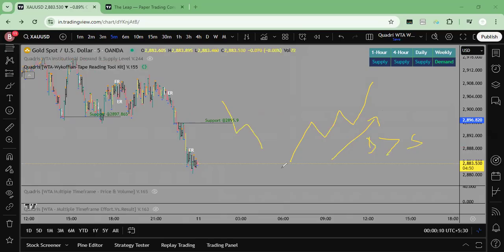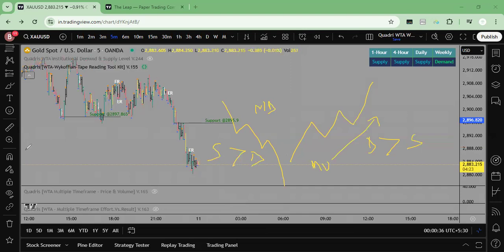If prices are falling, that is a markdown phase. Markup is an uptrend and markdown is a downtrend. Wyckoff identified uptrend and downtrend as markup and markdown phases. When the markdown phase is going on, supply should be greater than demand. This is one of the principles of Wyckoff.